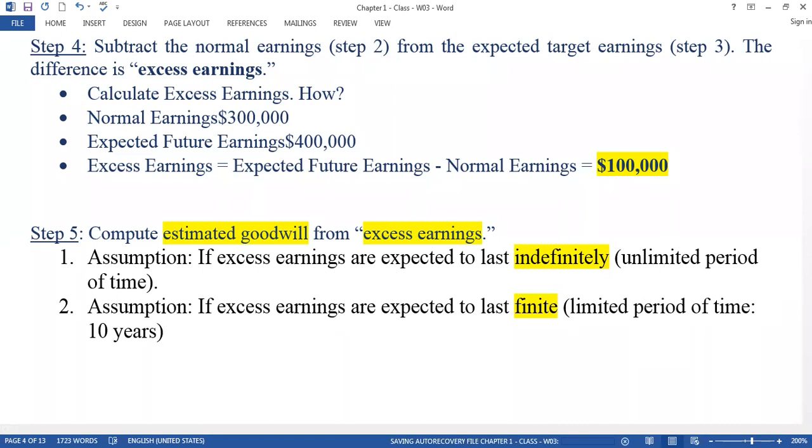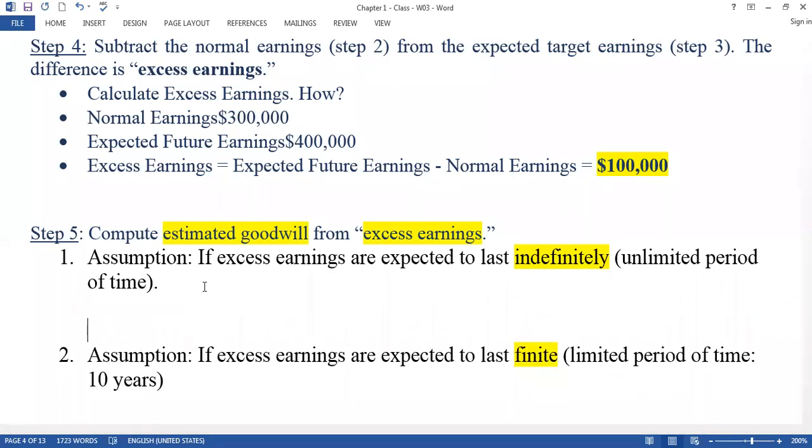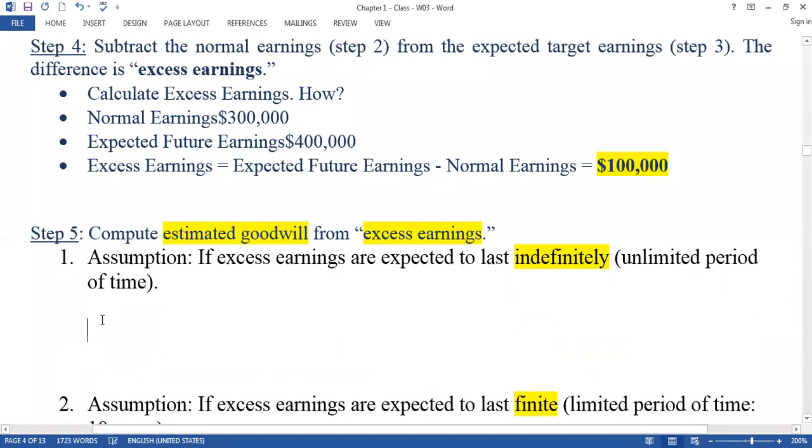So you have to read the question very carefully to find out assumption 1 and 2, because different assumptions have different formulas. So in order to calculate estimated goodwill, we are going to use excess earnings data, right? And the assumption is based on the excess earnings.